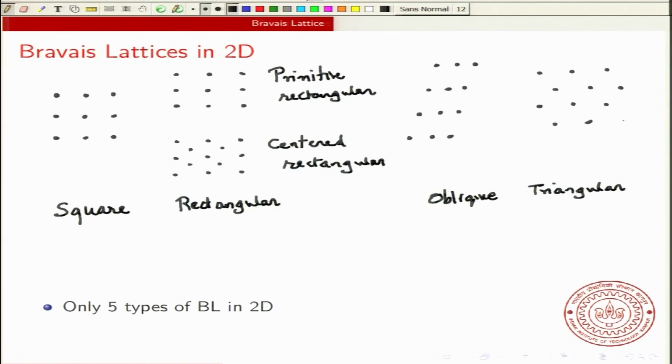So these are the only 5 types of lattices. Now you might say that this seems very restrictive, but remember, the oblique lattice can take all kinds of angles. Similarly, you can have rectangles of all different aspect ratios.